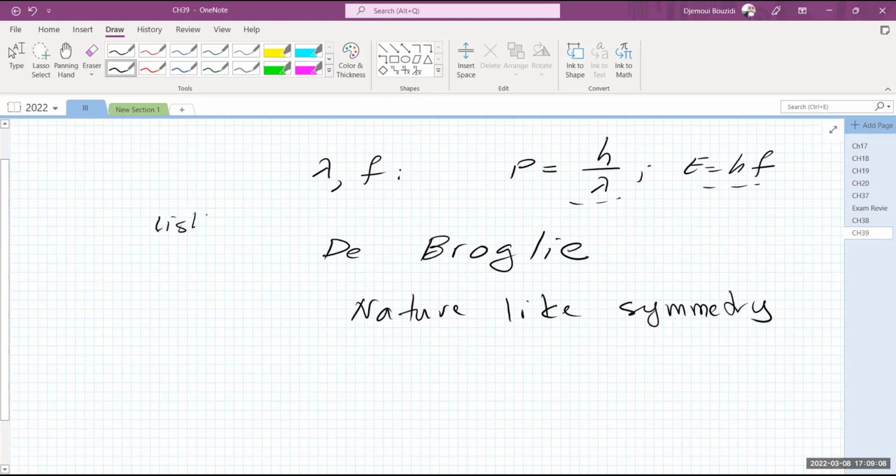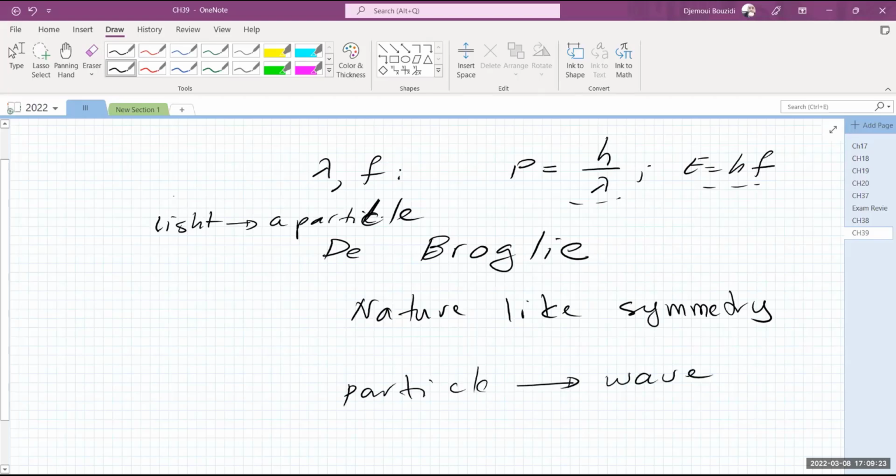If light behaves as a particle, shouldn't a particle also behave like a wave? So light, which is a wave, behaves like a particle. Shouldn't a particle also behave like a wave?